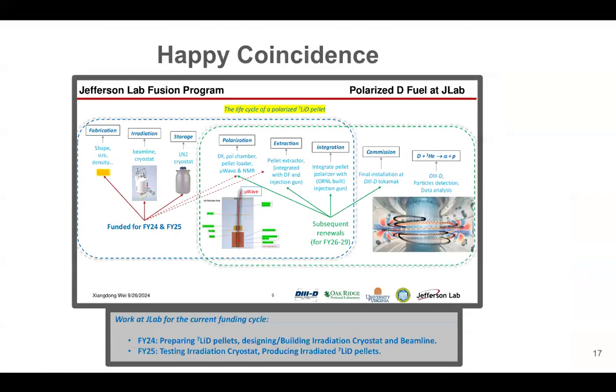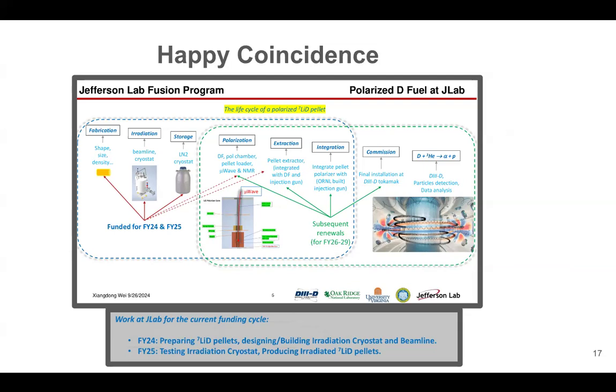There's a happy coincidence here. This is completely outside the field that I'm describing, but it's interesting. For completely different reasons, Jefferson Lab is working with people doing fusion, like energy fusion, like Tokamak, or whatever the name is, because polarized lithium-7 deuteride pellets are useful for that. Why, you might wonder? Because the cross sections for fusion go up if you polarize a target, allegedly.